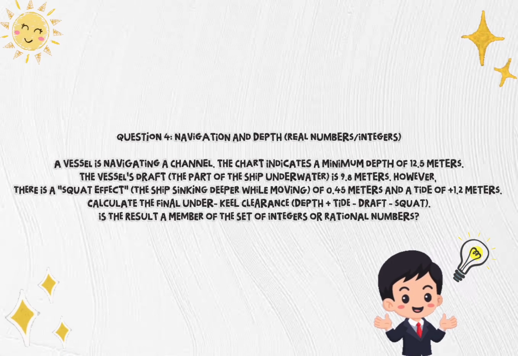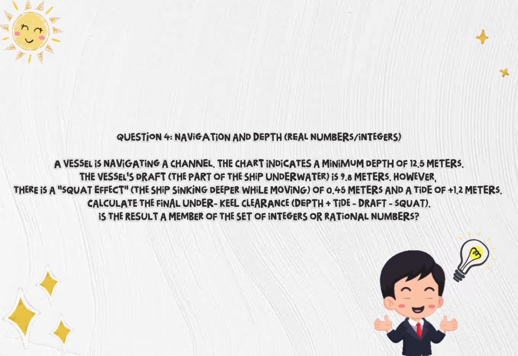Number 4, navigation and depth, real numbers and integers. A vessel is navigating a channel. The chart indicates a minimum depth of 12.5 meters, and the vessel's draft, the part of the ship underwater, is 9.8 meters.